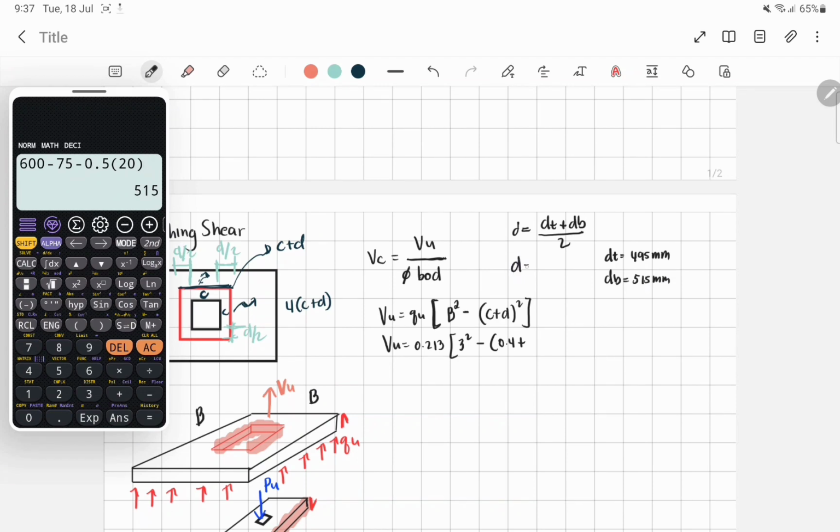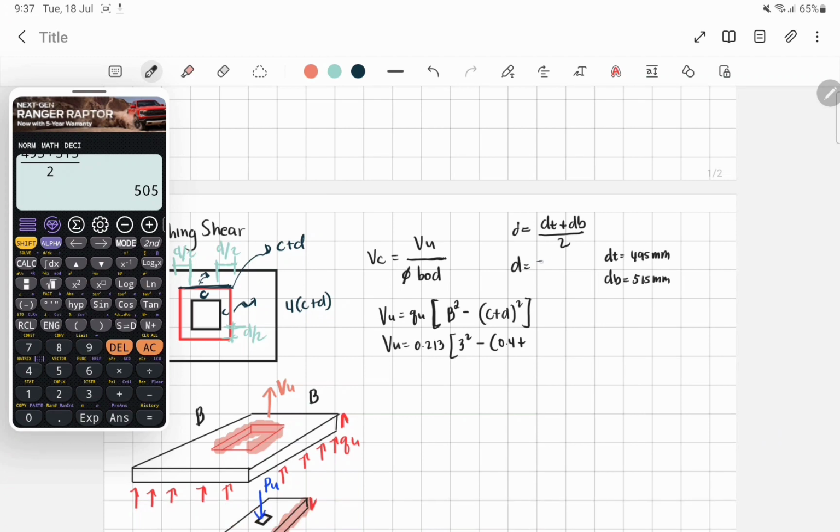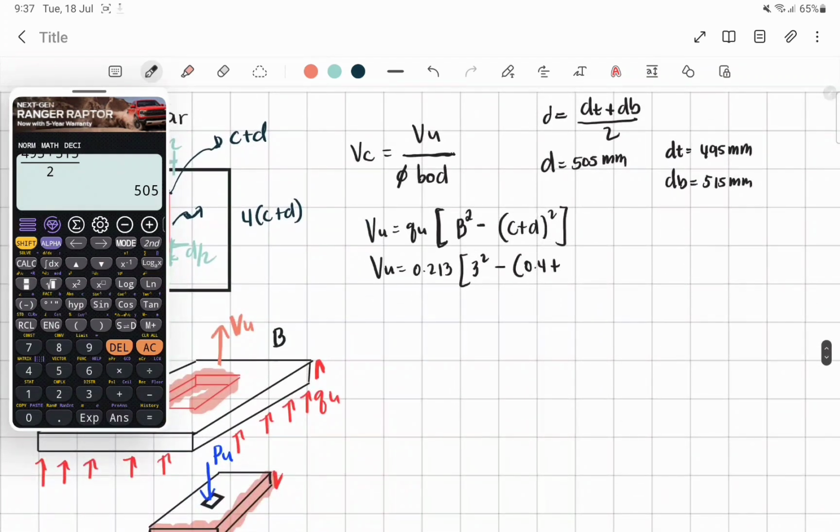To get the effective depth for punching shear, it is just the average: 495 plus 515 divided by 2 is 505 millimeters. So the effective depth we use for this problem is 0.505.